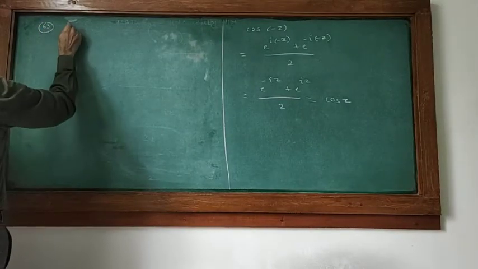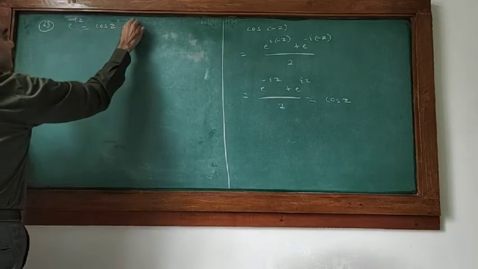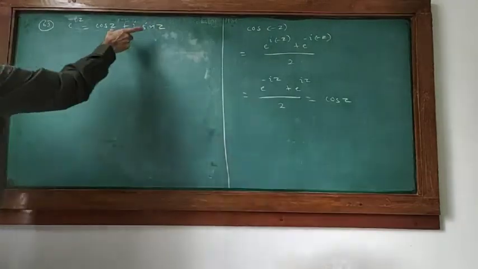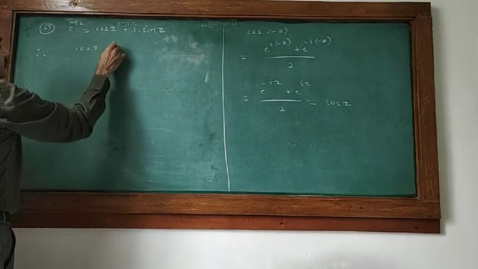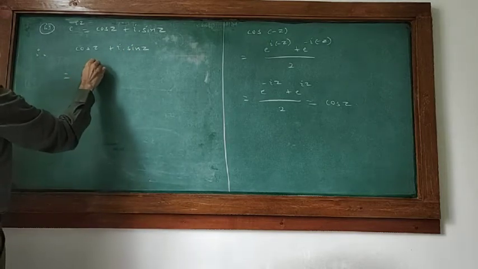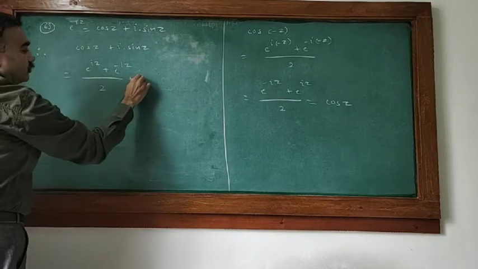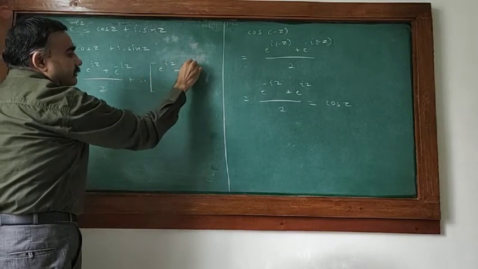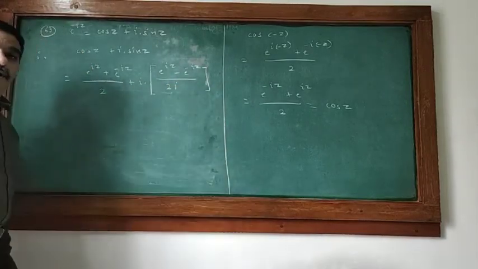Prove that e raised to iz is cos z plus i sin z. So we start with this side. Cos z plus i sin z is equal to e raised to iz plus e raised to minus iz divided by 2, plus i times e raised to iz minus e raised to minus iz divided by 2i.